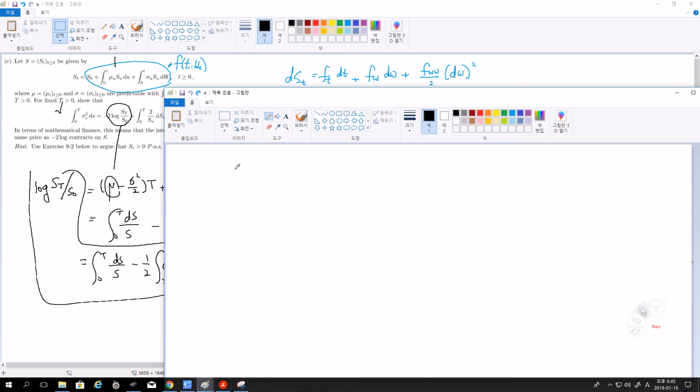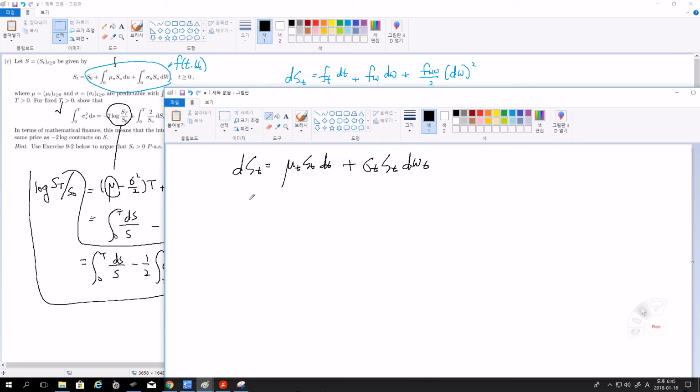So dS_t from this one is μ_t S_t dt, by taking the derivative of each side, plus σ_t S_t dW_t.